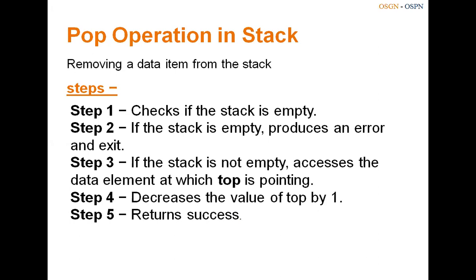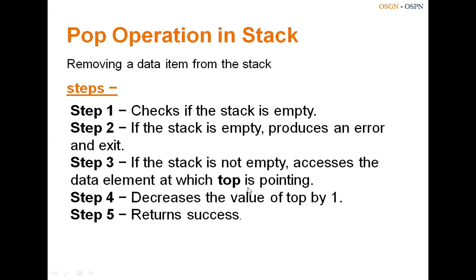So first step is you check whether the stack is empty. Second step, if the stack is empty, then you produce the error and exit. Then step 3, if the stack is not empty, then access the data element at the top.